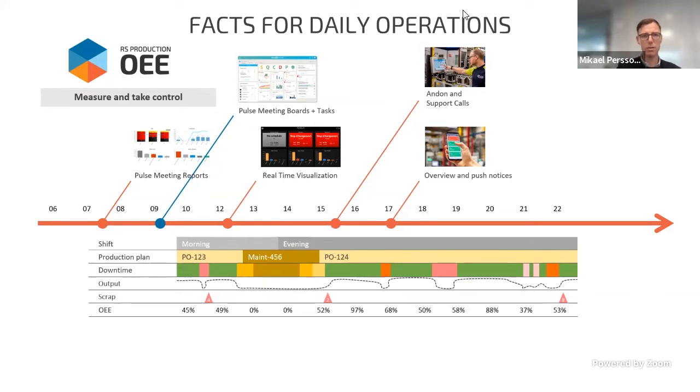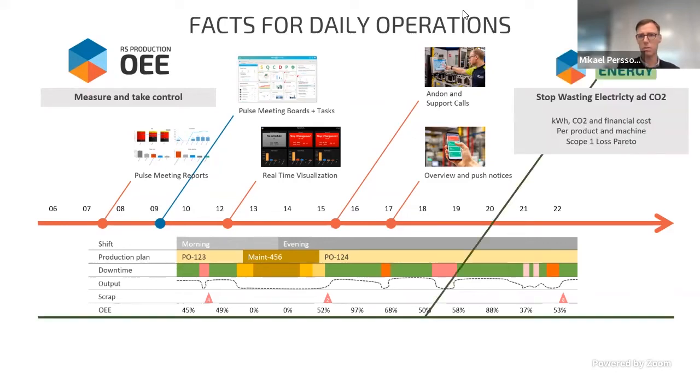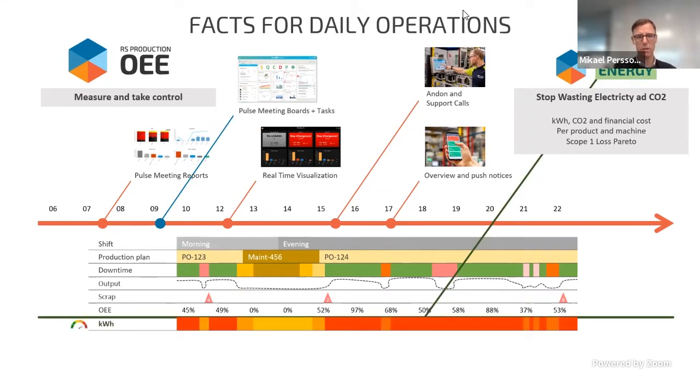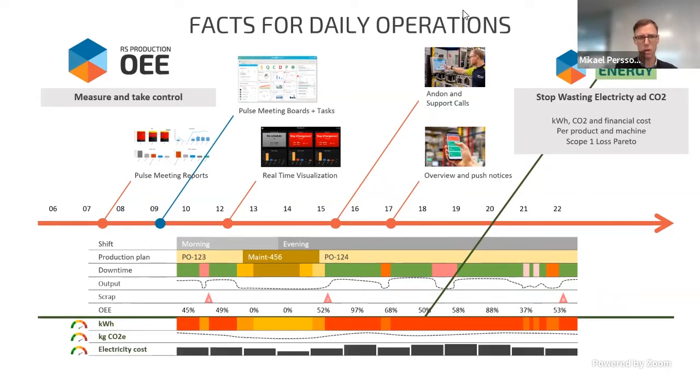And as a parallel to RS Production OEE, there is also RS Production Energy, where we add a few more timelines here: kilowatt hours consumed, how many kilograms of CO2 equivalents you consume, and electricity cost for that.